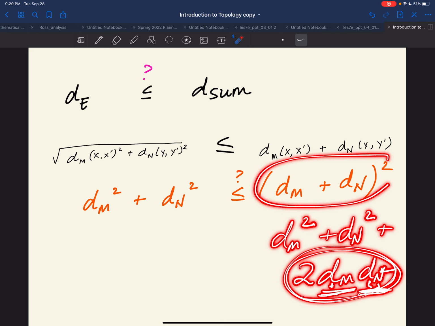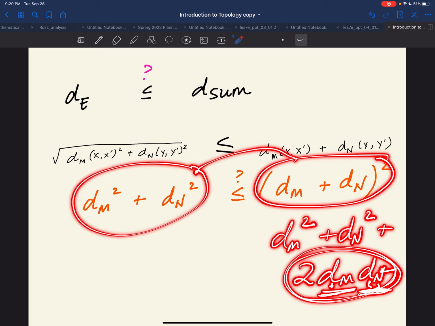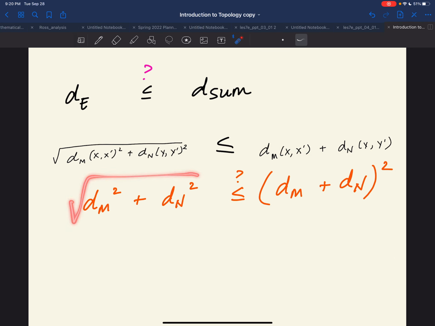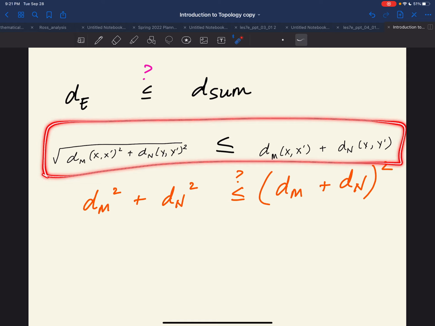So this has to be bigger than or equal to just this. Right? So then if we take the square root of both sides of our inequality, we'll get what we want. Okay?